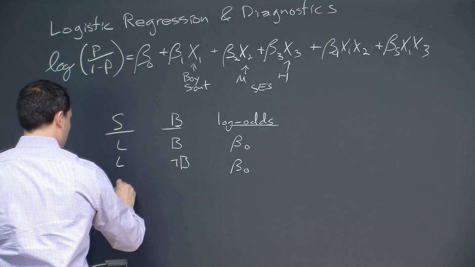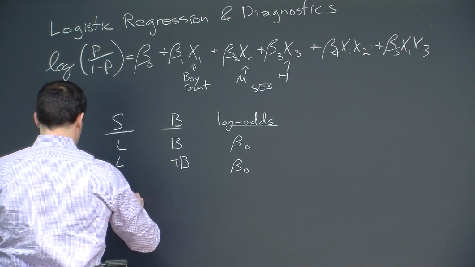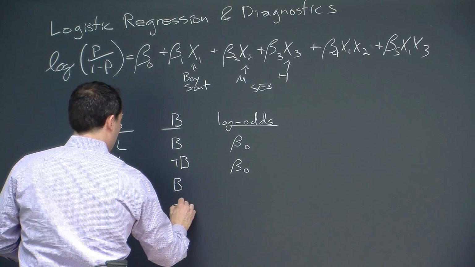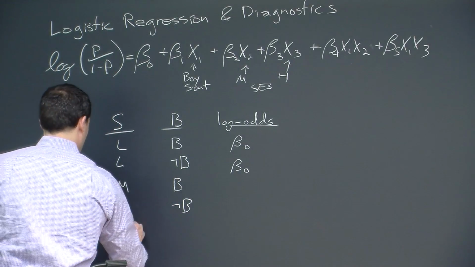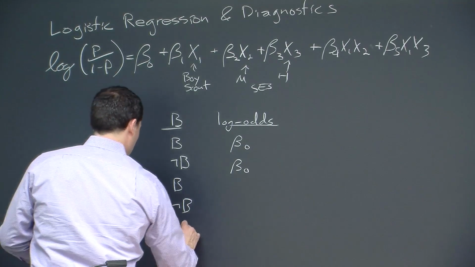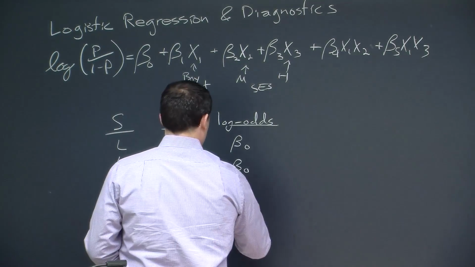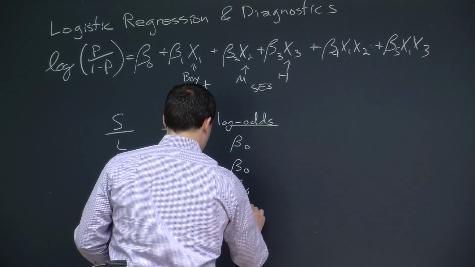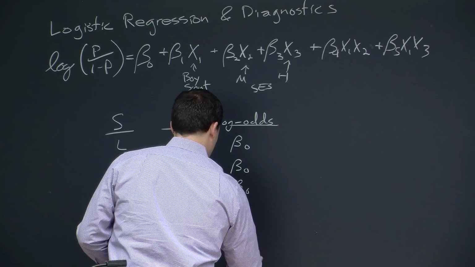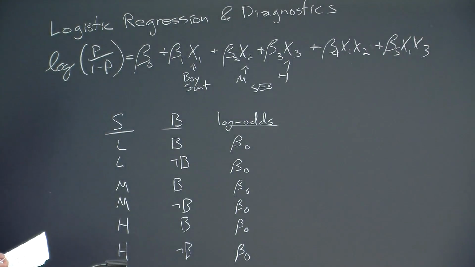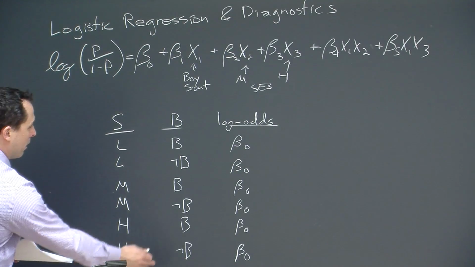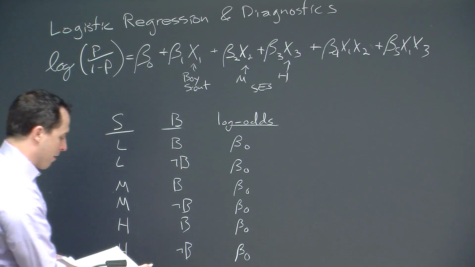Let me fill them in this way. M, Boy Scout, not Boy Scout, high, high, Boy Scout, not Boy Scout. So in everything, there's always this baseline in the log odds. And then depending on these other variables, we add in other factors.